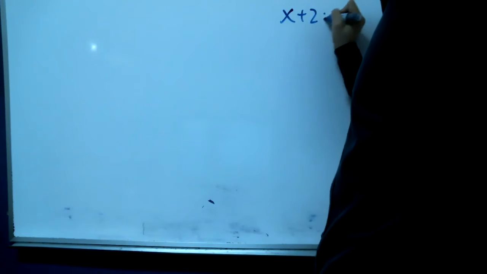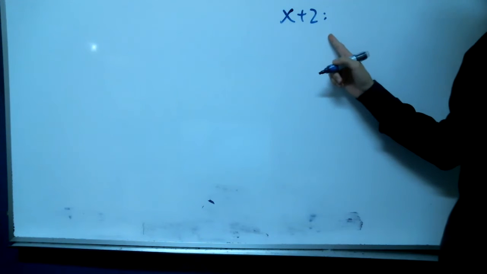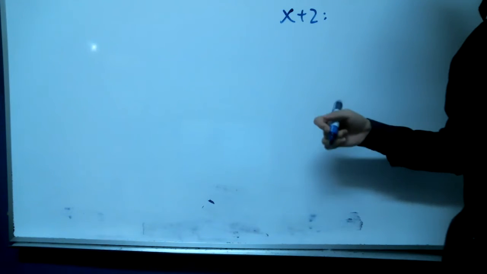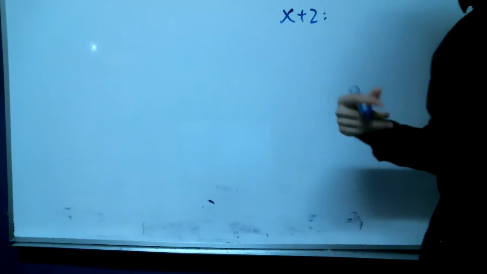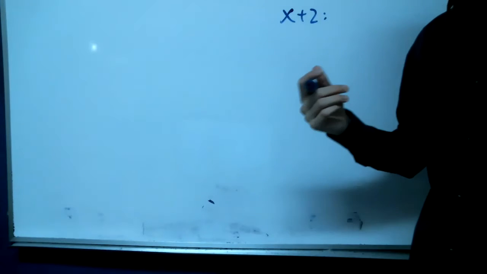In our last topic for algebra, we learned that algebra is using letters to denote numbers, or rather, an unknown number. So for example, if I wrote x plus 2, this means I am literally adding 2 to an unknown number, x.